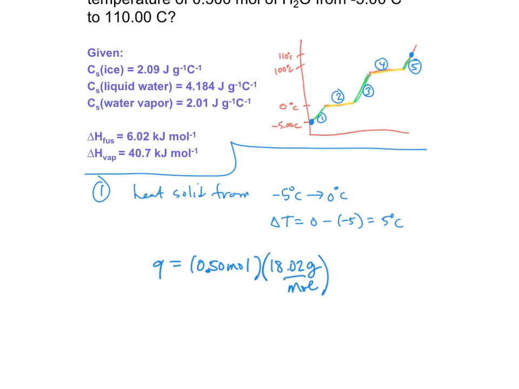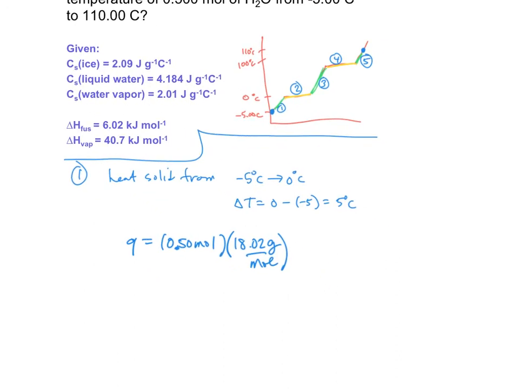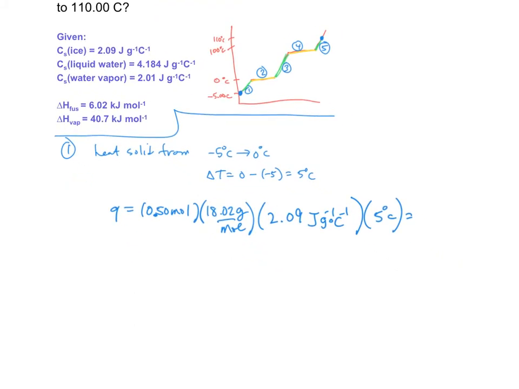So that's M, and then we have C, which is going to be 2.09 joules per gram degree C. So MC, and then delta T in this case is going to be 5 degrees C. And the answer is 94.2 joules. All right, that's for step 1.